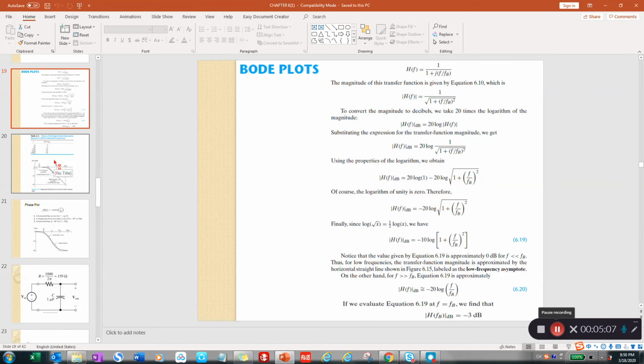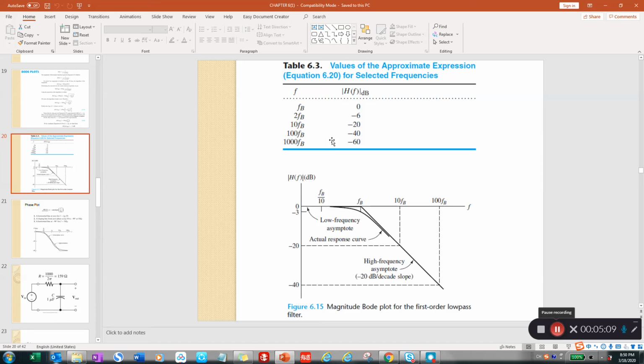Then we can see we are going to get this table. So if f equal to fb, the amplitude in dB will be equal to -3. Here you can see this is -3, but -3 is quite close to 0, so we can use 0 to approximate it. And if frequency equal to 2 times of the fb, then the amplitude in dB will be -6.